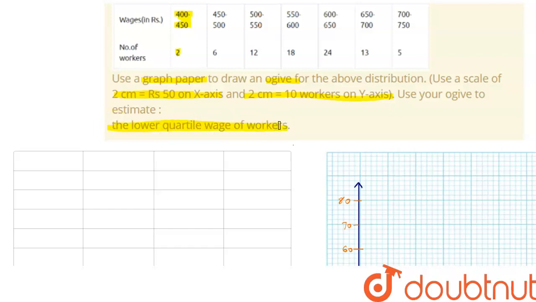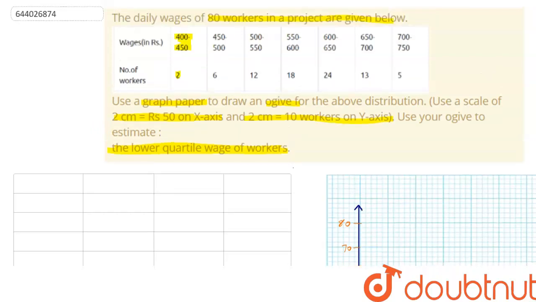Let us represent this data in a table using cumulative frequencies. Let us take the upper bound, find the cumulative frequency, and then do the same using the lower bound. Initially our upper bound is 400.